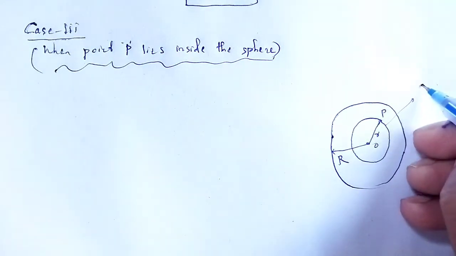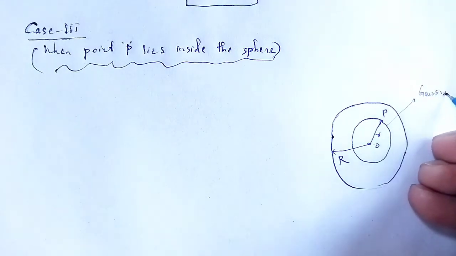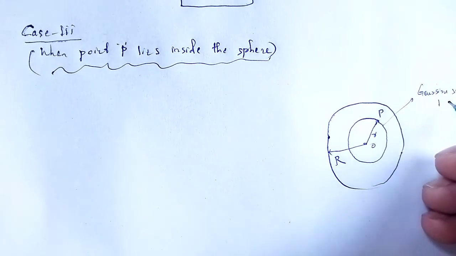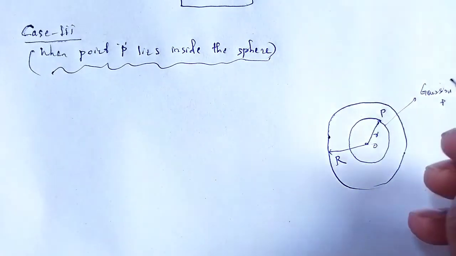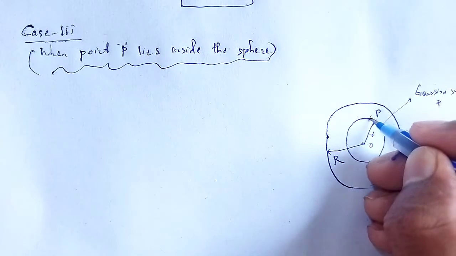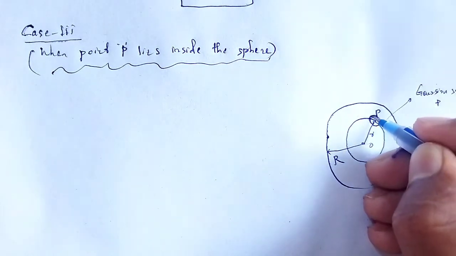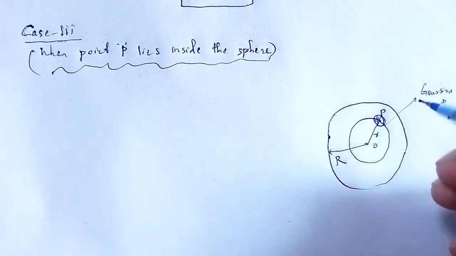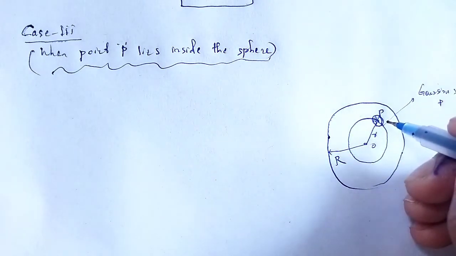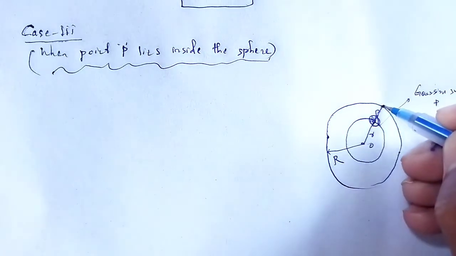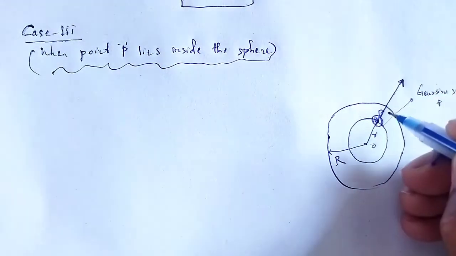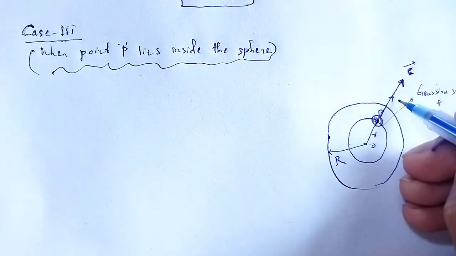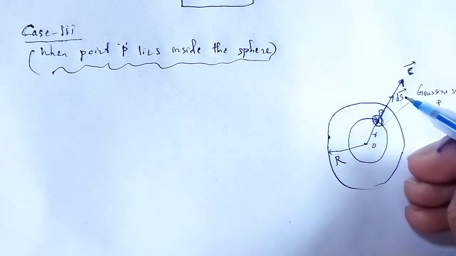This is the Gaussian surface passing through the point P, and here we take the area element ds around that point P. The electric field intensity direction is parallel to the direction of the ds vector.